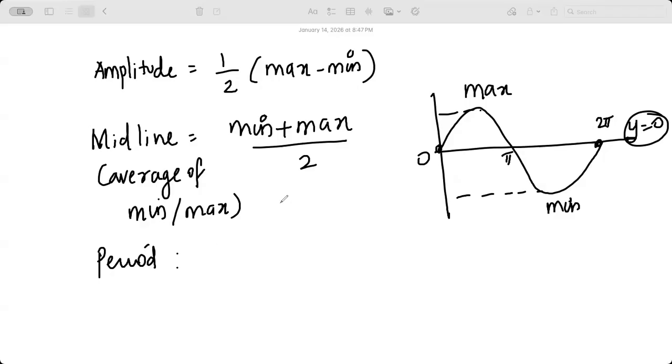The period is when the same cycle repeats itself. Frequency is the reciprocal of the period, the number of cycles the graph completes in 1 radian. So the period is 1 by frequency.